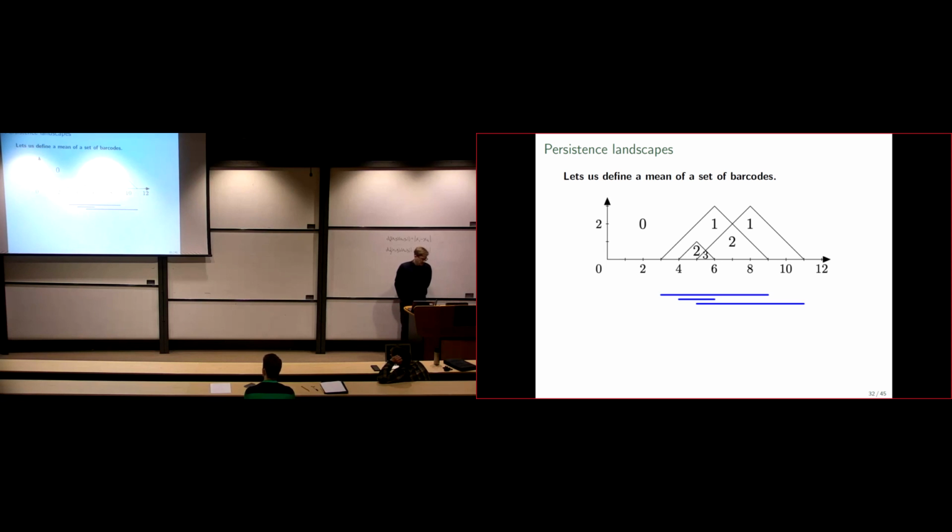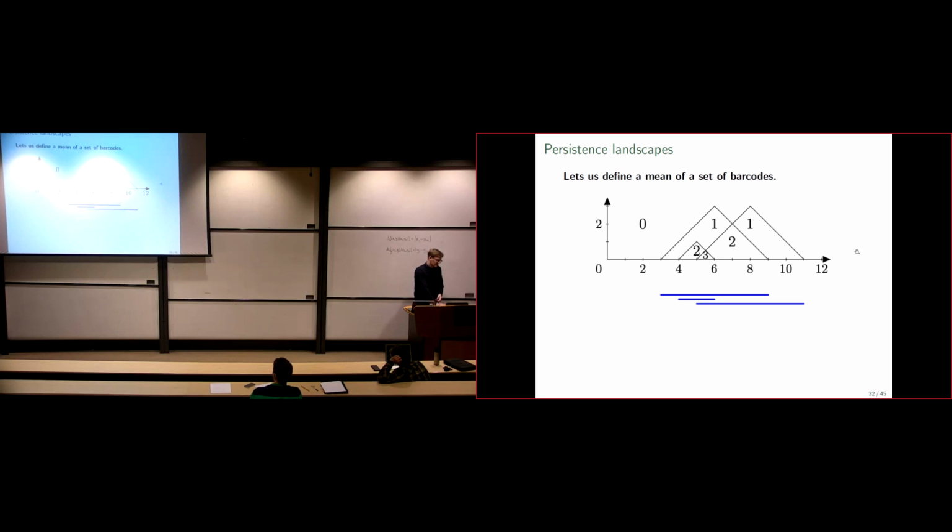For one-parameter persistence, the usual persistence, the persistence landscape is what you see on the top here. What it does is essentially associate a pyramid or a triangle to each bar, and then you look at the intersections of these triangles.